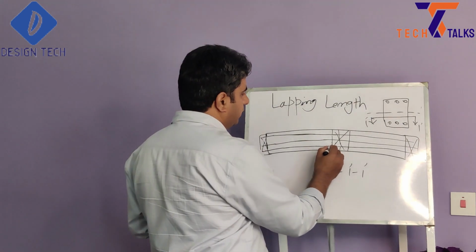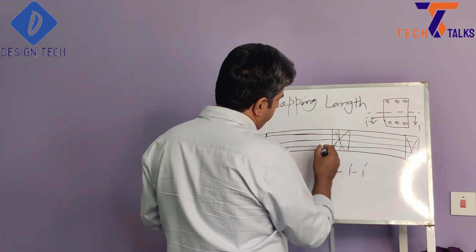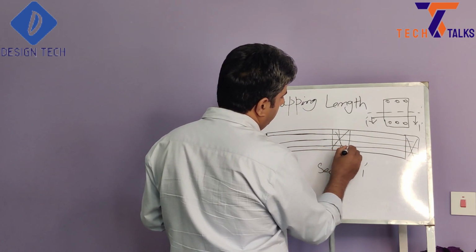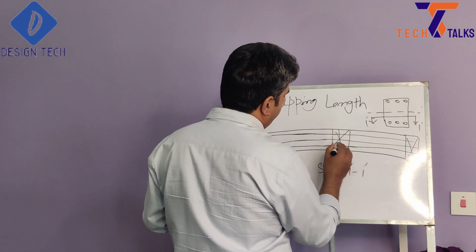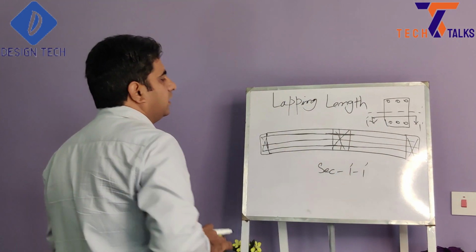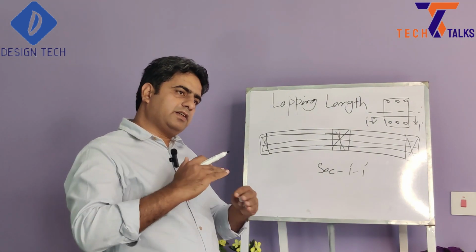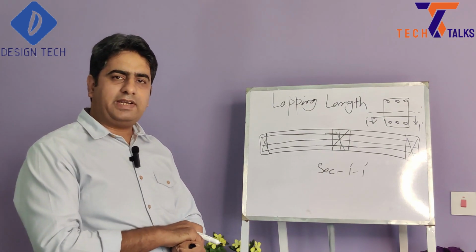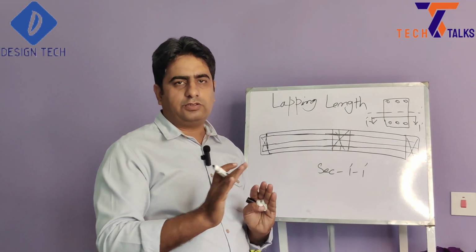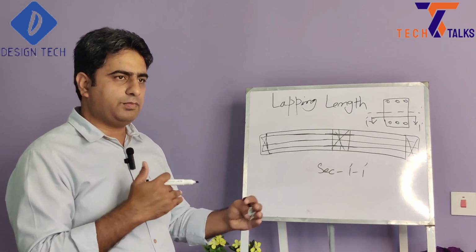When we need to select our location for lapping, since it's bottom reinforcement, as we discussed before, the lap should be above the support or near the support. So our lap length will be something here. But since this lap length location is the weakest point of any element, we should avoid continuity of the lap arrangement. We should try alternate bars. The lap length location should not be matched on both sides of the reinforcement, to avoid creating more continuity.